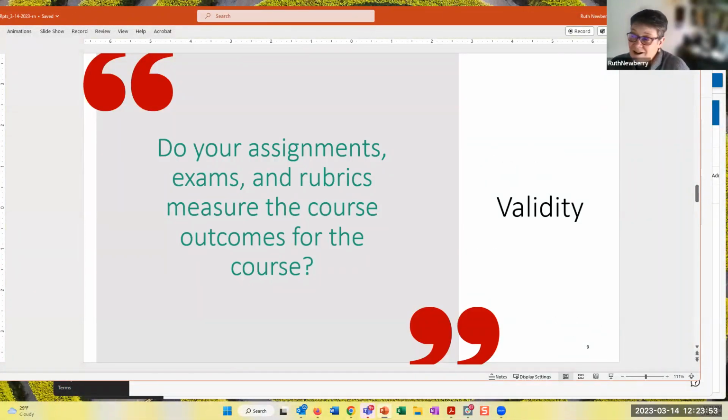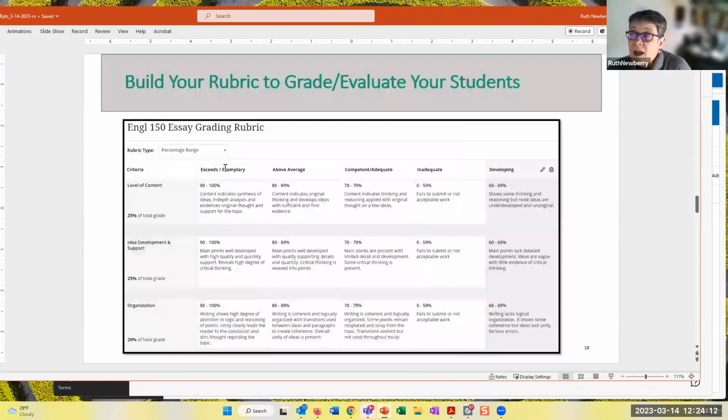So the key question, really, with validity is, are we really measuring what we should be measuring in the course? Are we looking at the criterion in terms of the assignment and the questions in terms of content? If we are, then when it comes time to build that grading rubric, we're building it to understand, again, where students are knowledgeable and where they're not, where they're struggling, where they are not struggling, and so forth.